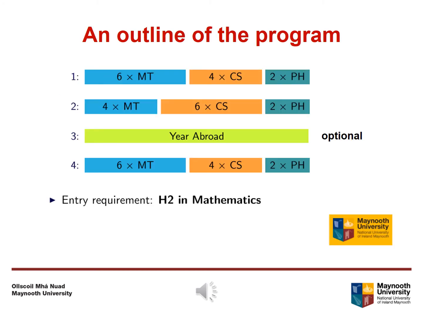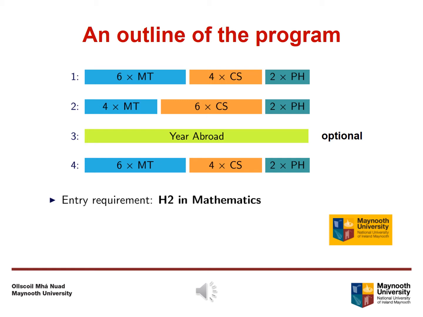So to give an outline of the programme, if you come into first year, you're going to have 6 modules in mathematics, 4 modules in computer science and 2 modules in philosophy. In your 2nd year, you will have 4 modules in mathematics, 6 modules in computer science and 2 modules in philosophy. The year 3 would be your optional year abroad, and that would be helped with the International Office to help you find a place in a university outside Ireland.